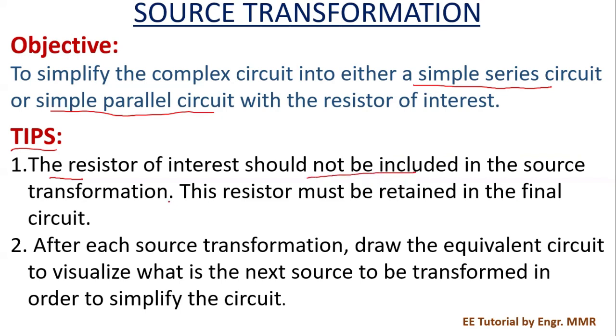For example, if the unknown is the current in the R, then that resistor R must be retained until we have the final circuit. Second tip, after each source transformation, we should draw the equivalent circuit. Why? To visualize the next source to be transformed in order to simplify the circuit.